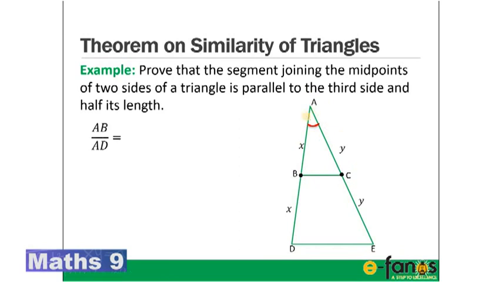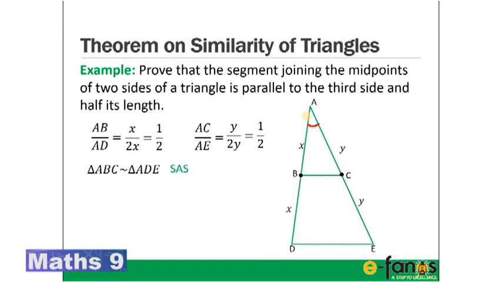Also, the ratio AB over AD is equal to x over 2x, which is a half, and the ratio AC over AE is y over 2y, which is also a half, so they have the same ratio. So triangle ABC is similar to triangle ADE by SAS, side angle side.